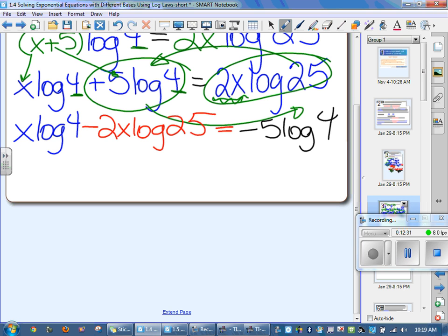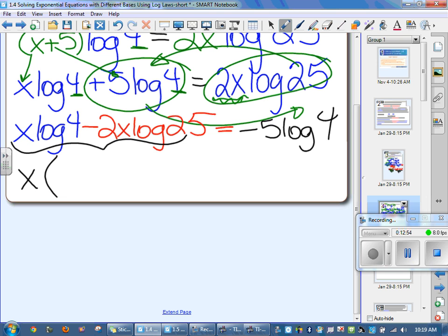Now, this process over here, I've got x in both of those. So I need to divide x out. We call it factoring x out. So I'm going to factor x out by dividing all of this by x. Okay? So x is going to go on the front of a bracket. And now I just rewrite this left-hand side without the x in it.